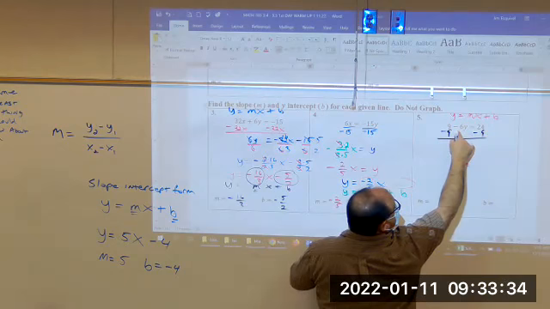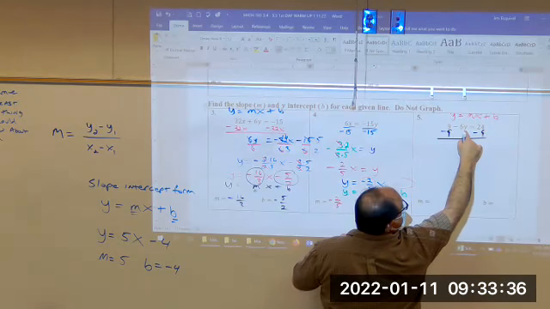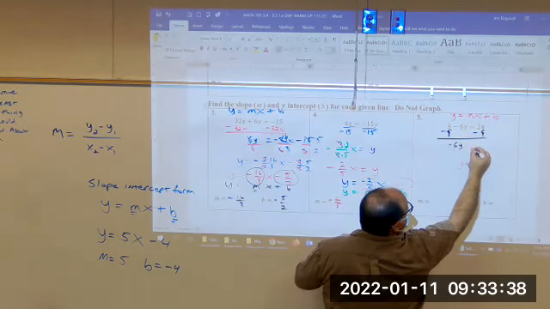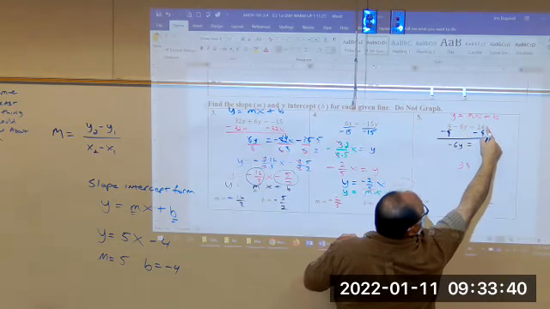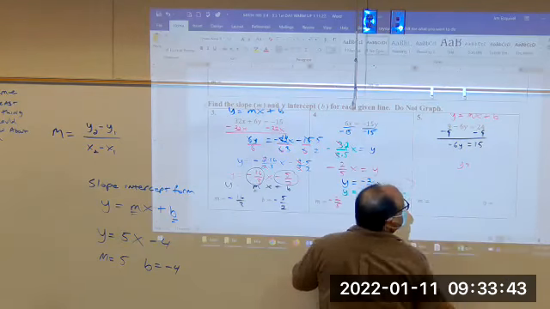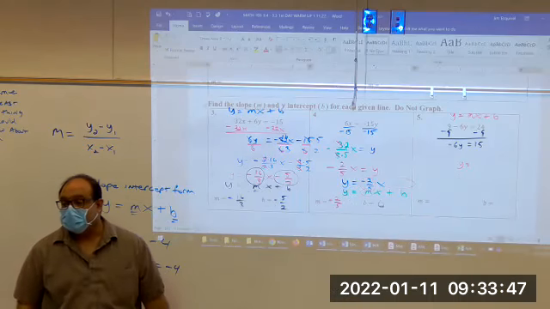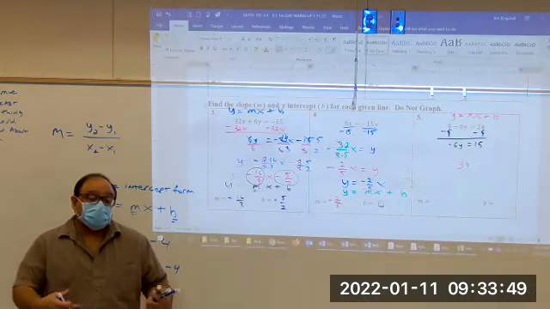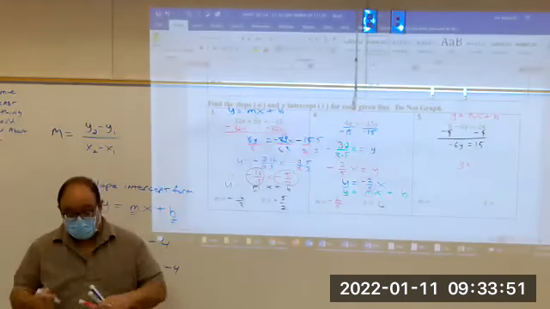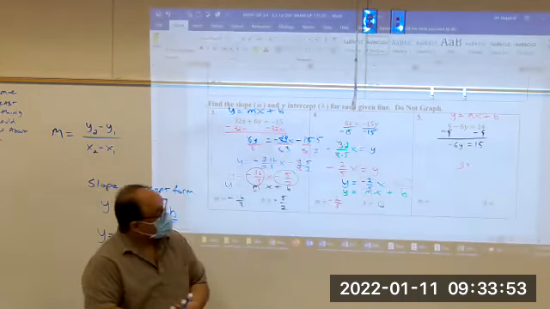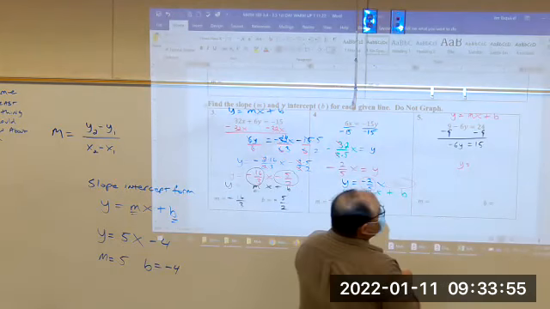So on this left side, negative 6y is what you have left over, equal to 24 minus 9, which is 15. Negative 6 times y, so we divide both sides by negative 6.